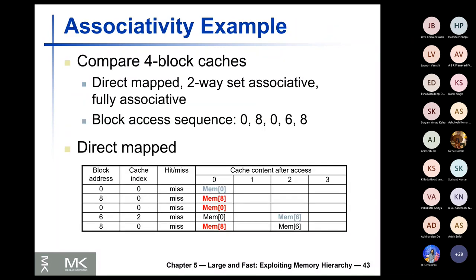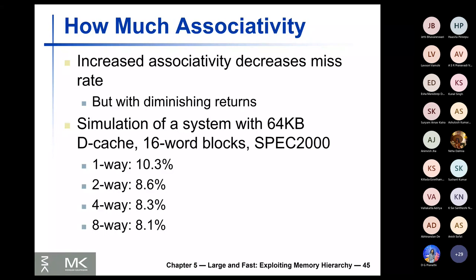Some experiments have been done on whether we improve the performance if the number of entries in each set, that is the value of n in n-way set associative caches, increases. Well, up to say 4-way set associative, the hit miss ratio decreases.